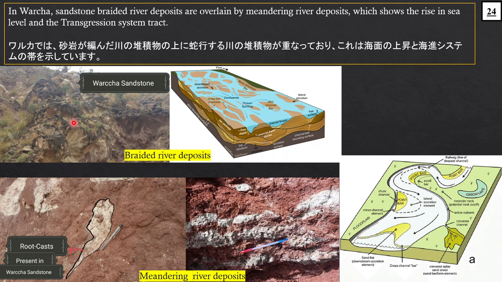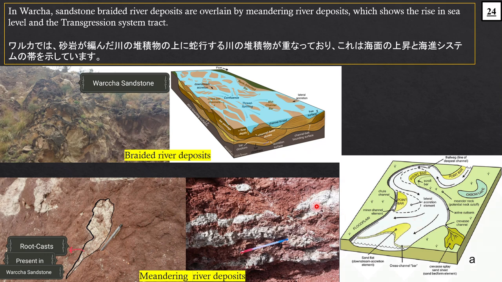They have two types of deposit, braided and meandering. In the lower part they have a braided system, and in the upper part we have root casts, clay and shale, which represent the floodplain or meandering fluvial system.